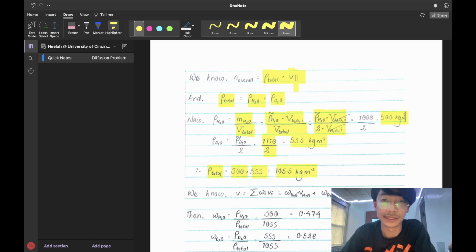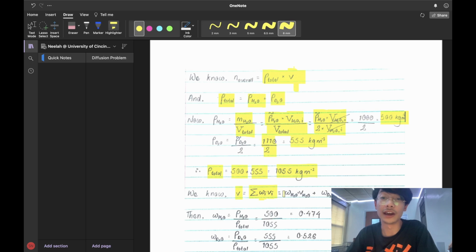Now, we need to calculate the mass average velocity as well in order to get the overall mass flux. So we know that the mass average velocity is simply equal to the summation of the product of the mass fraction and the individual mass average velocity of that component.